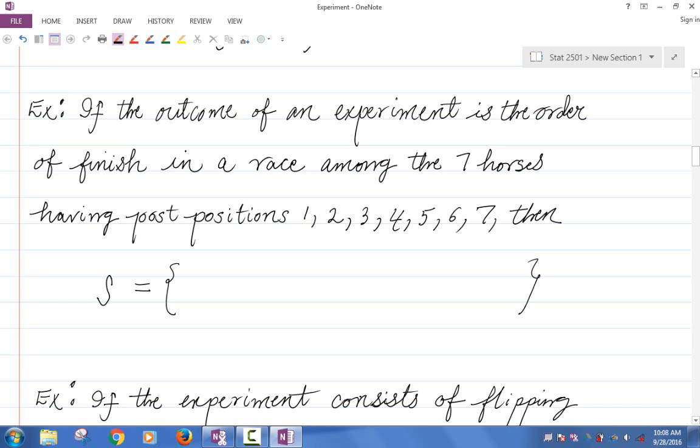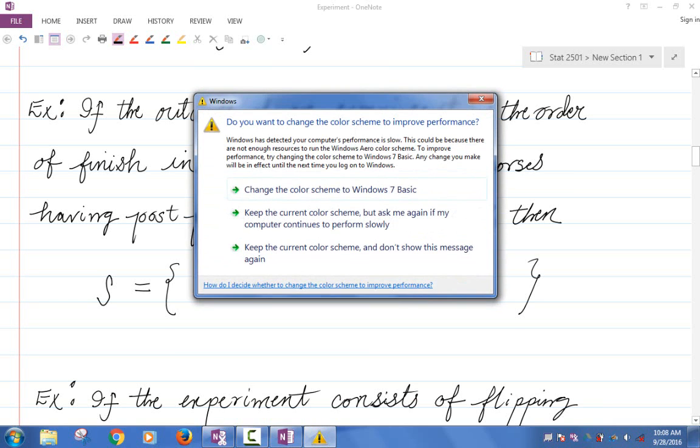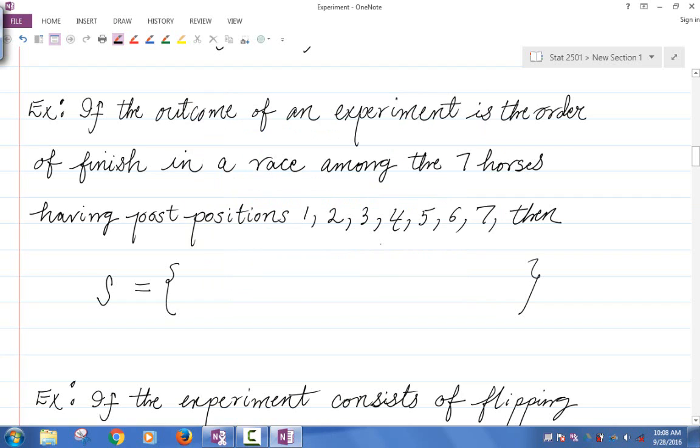Think again. The outcome of the experiment is the order of finish of the 7 horses. So what is an outcome here? What does an outcome look like here?